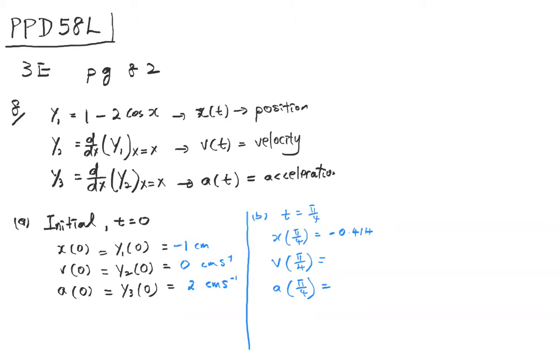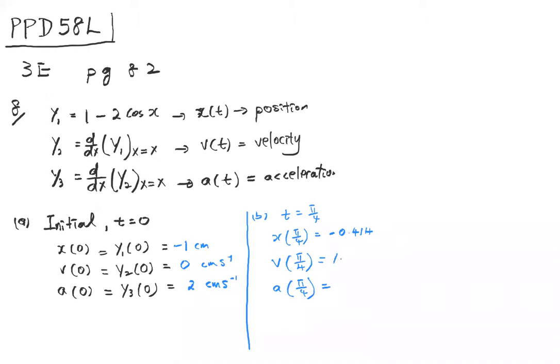Okay. So for the velocity after pi by 4, what is the velocity of the particle at pi by 4?